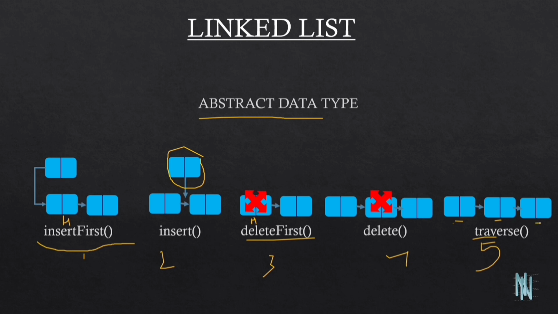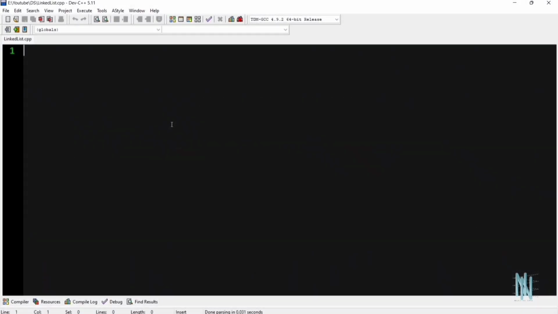Now we will move further to the coding part to understand how it works, how to define, and how to initialize the linked list. Coming to the coding part, let's first include the iostream header file.